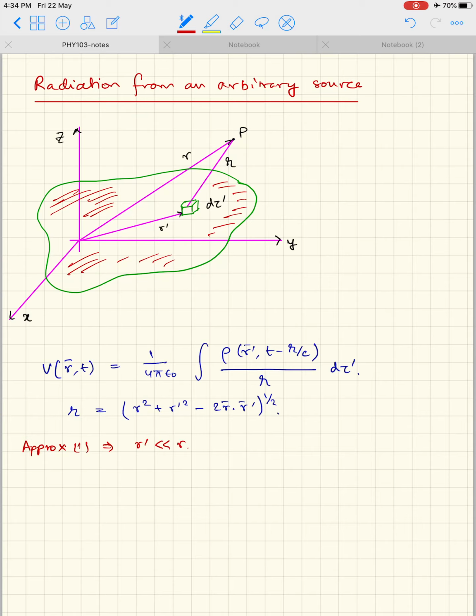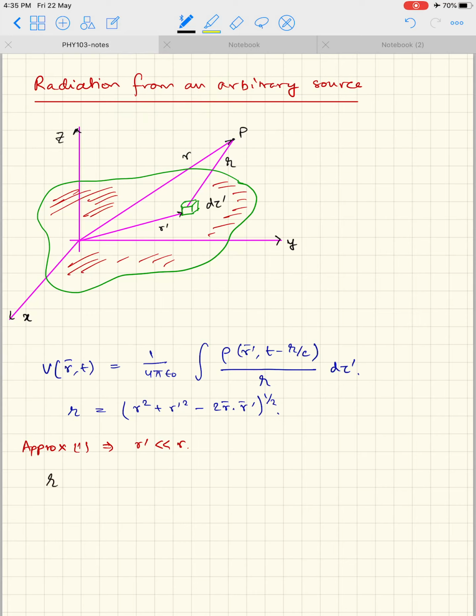Okay, so the field point r is very far away compared to the dimensions of the source. Since the math is a little more involved, I want you to pay a little closer attention.